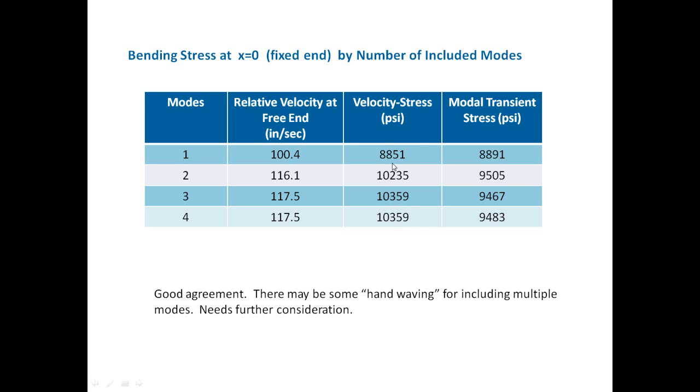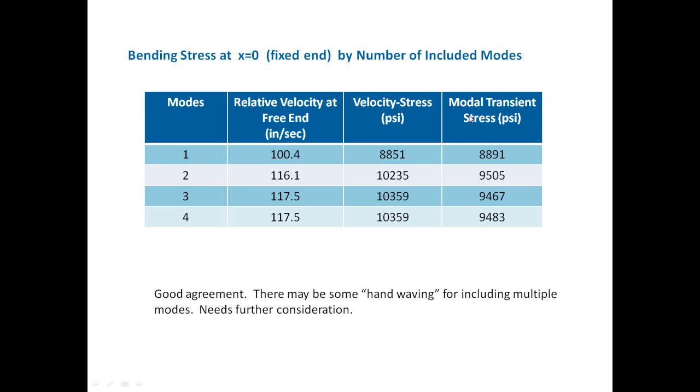But there is a diminishing returns effect that does occur with including a higher number of modes. And let's see what else. We also have our fourth column, which is our modal transient stress, psi. And you've seen these numbers before as well.